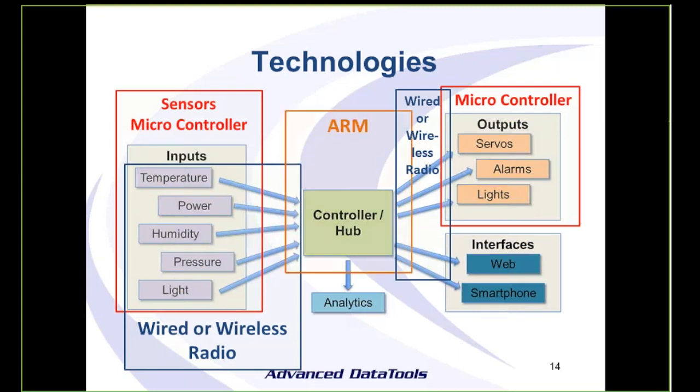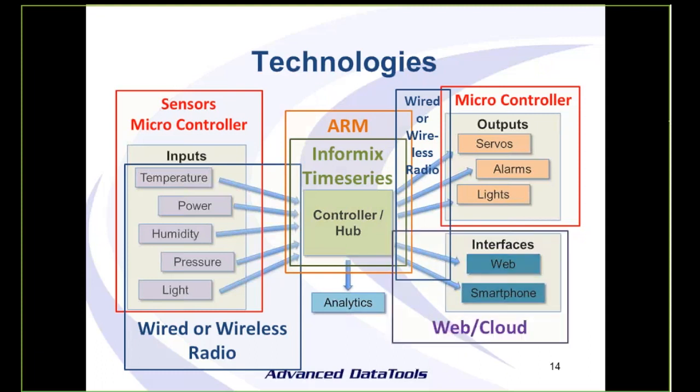We can benefit from ARM, having a small, low-cost, small footprint, Linux-based computer running on ARM. And that same ARM processor can run Informix, a full database, and we can benefit from time series, a really efficient way to store that data. And then we can push data out to the web. Okay, so a lot of things here that I'm going to go through one by one.